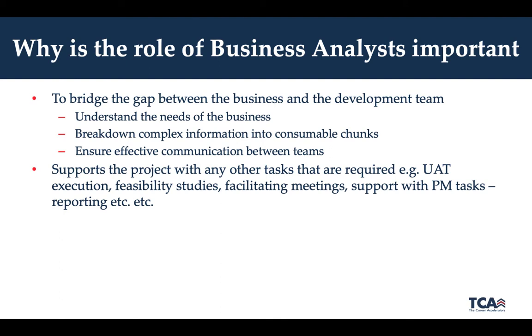And UAT means user acceptance testing. So UAT planning and execution, conducting feasibility studies, facilitating meetings, supporting the project manager with their day-to-day tasks, for example, reporting, identifying risks, issues, assumptions, and dependencies, and also helping to document some of these as well.